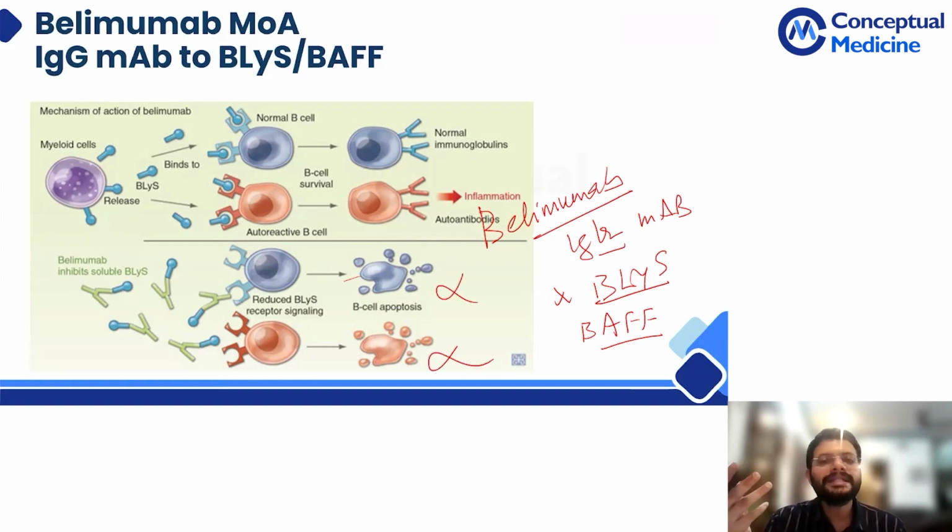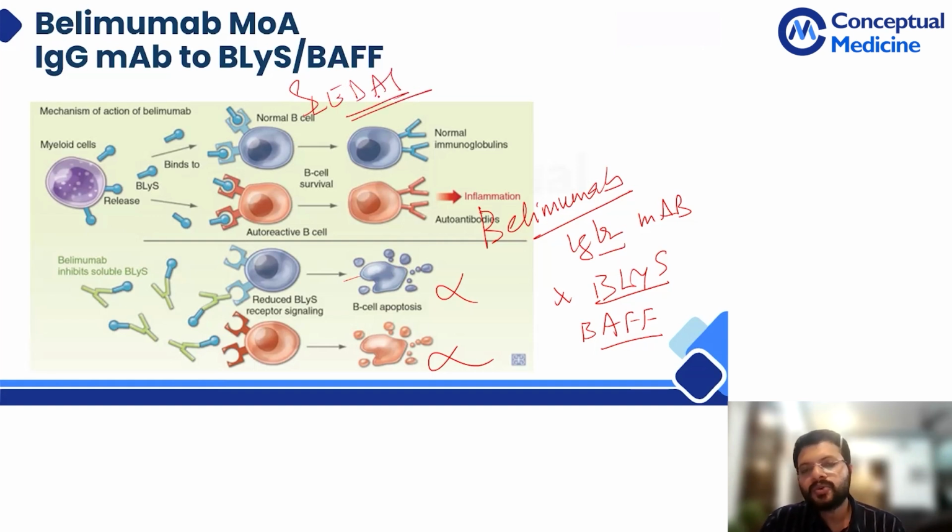The B cells are the cells which are dysregulated in SLE, giving rise to a lot of antibodies which deposit in the kidney or attack different tissues, the musculoskeletal system, the heart, whatnot, in SLE.